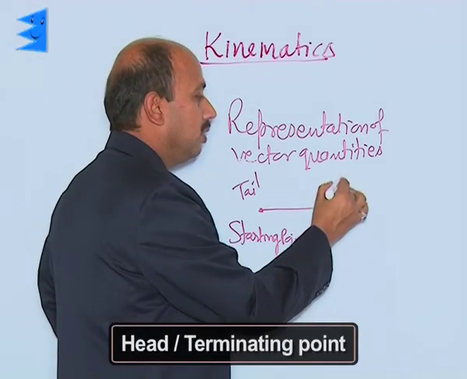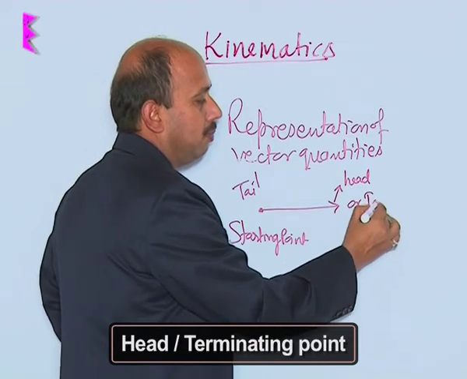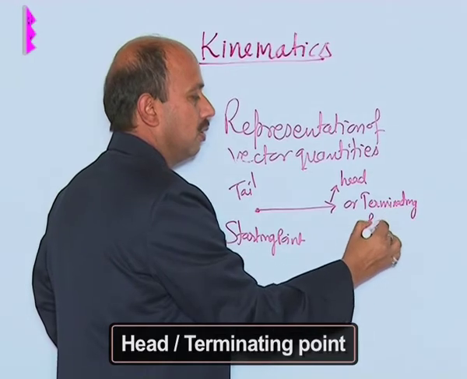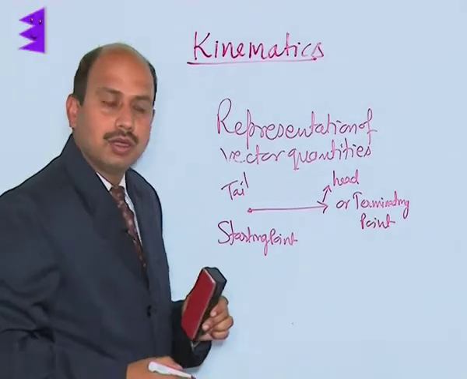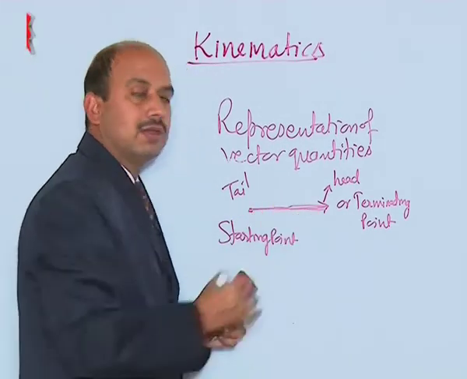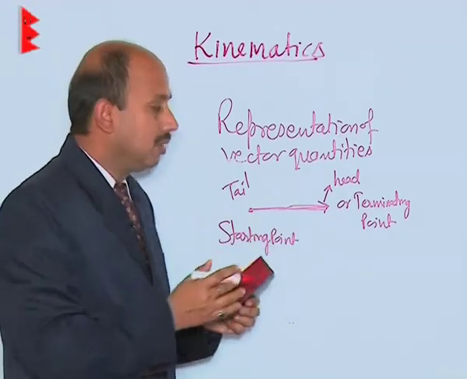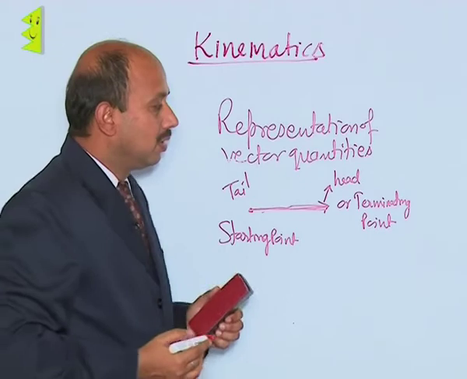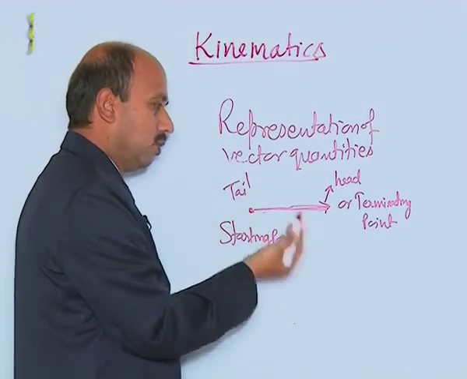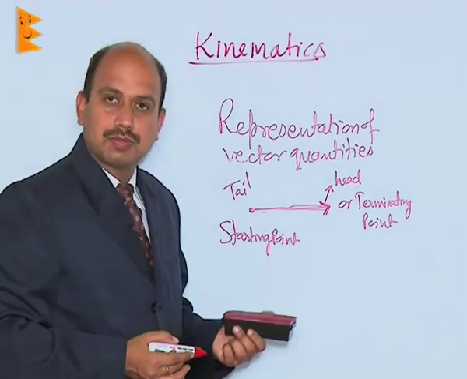This arrow here is known as your head, or we can say terminating point. And this length of the line segment represents the magnitude of the vector. If it is, suppose, 5 centimeter, this much length, if it is 10 centimeter, it will be double of this. So, the vector quantities can be represented by this. There is one starting point, that is known as tail, and a terminating point where an arrow is made, that shows the direction.